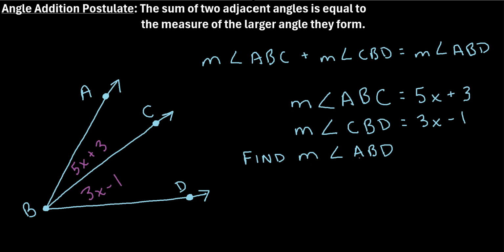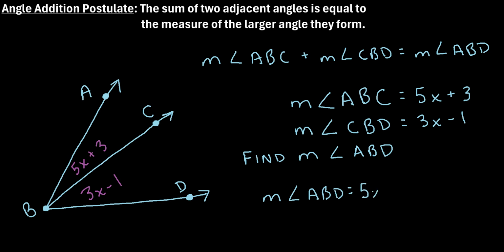How can we find the measure of angle ABD? So ABD is this larger angle. Well, according to the angle addition postulate, we just need to add these two adjacent angles together to get this larger angle. So we'll say the measure of angle ABD must be the sum of these two expressions.